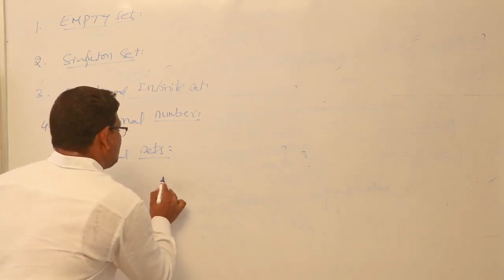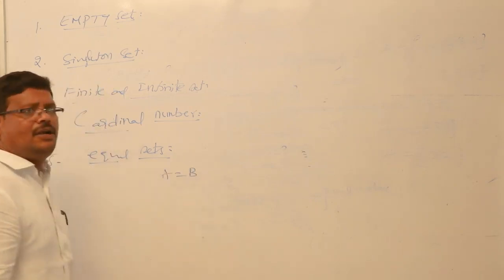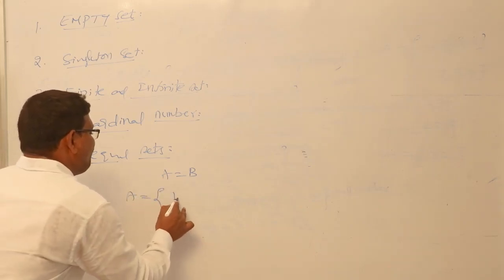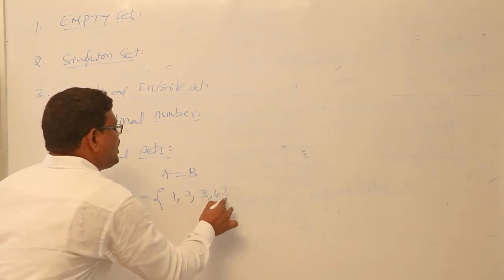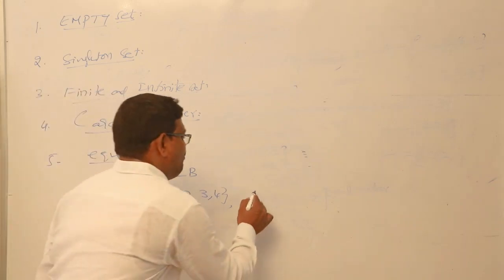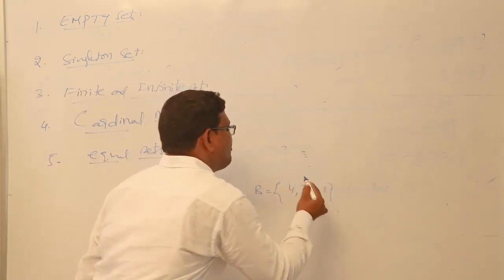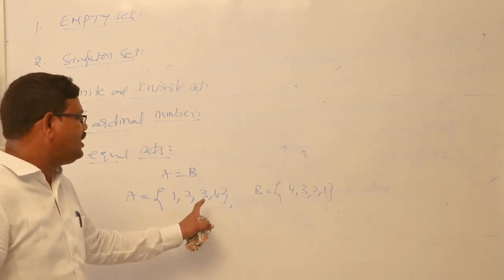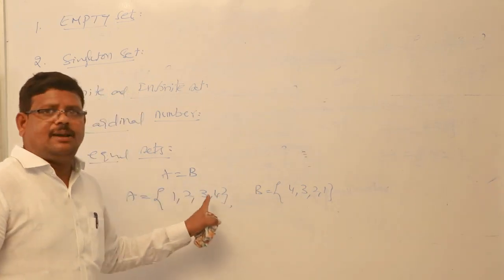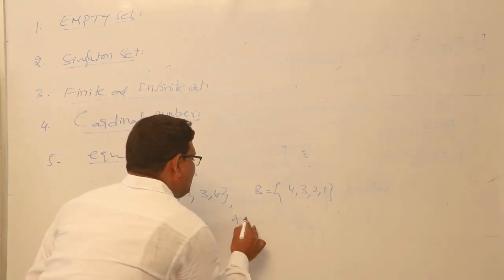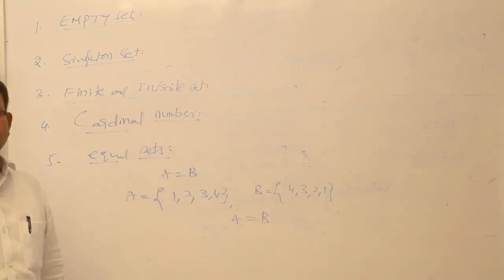Suppose A equals the set of 1, 2, 3, 4, and B equals the set of 4, 3, 2, 1. Here each element in set A is a member of B. Therefore, we write A equals B.